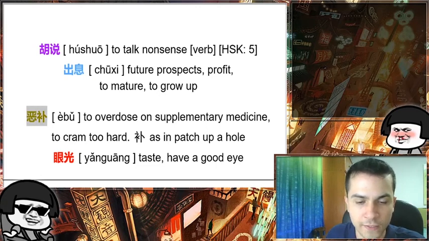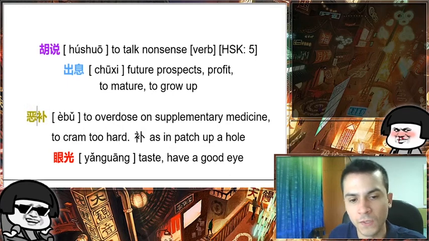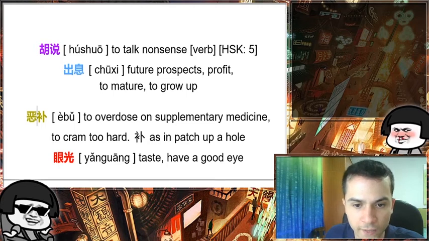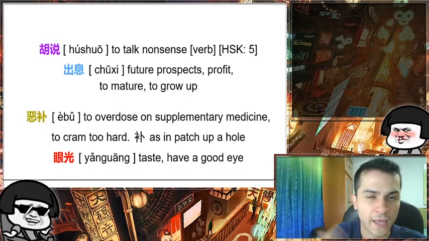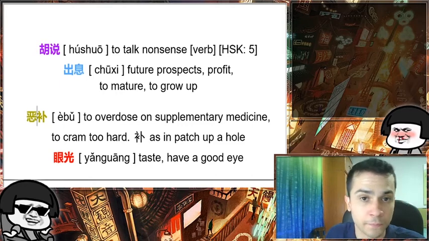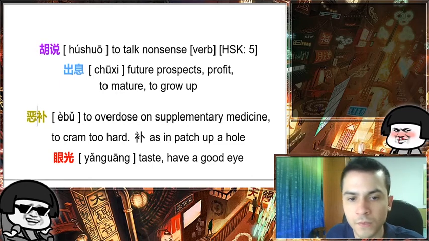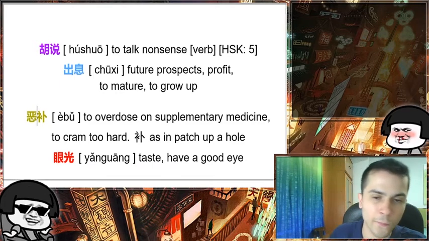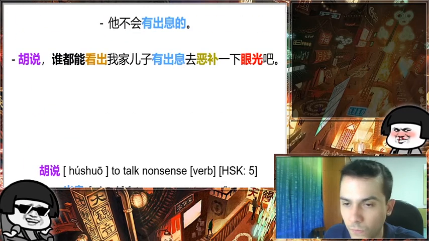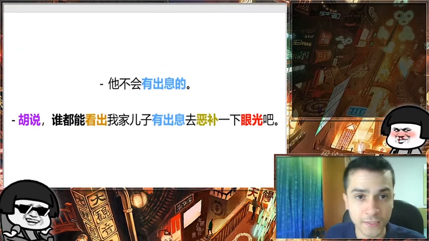So the general idea is that you have to correct something, fix something. Okay, and then we have 眼光. It means taste or having a good eye for judging people or things, right? So now let's go back and see what these sentences mean.